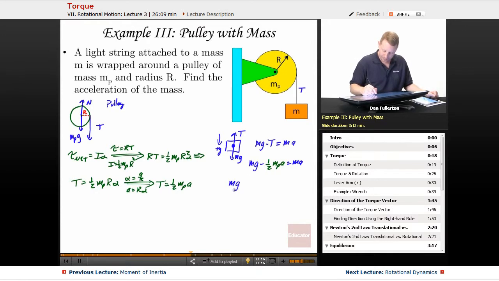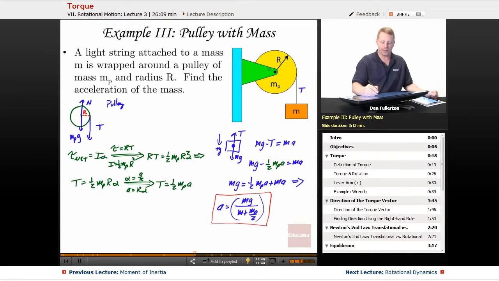Or mg equals 1/2 mp a plus ma. I can pull out an a there to find that acceleration is going to be equal to mg over m plus mp over 2. So we found the acceleration of the mass now that we have a real pulley that has some mass, some rotational inertia.